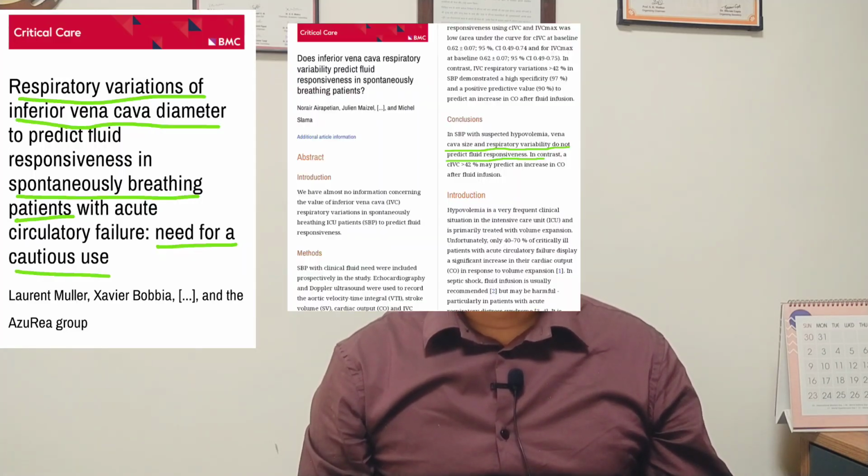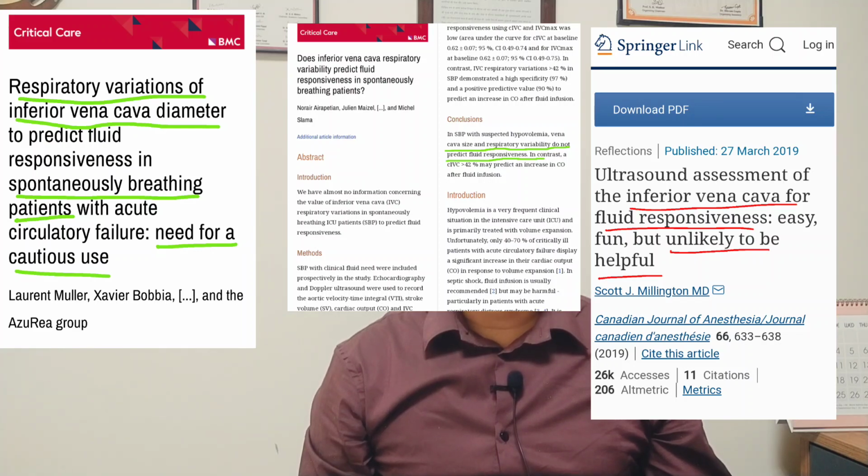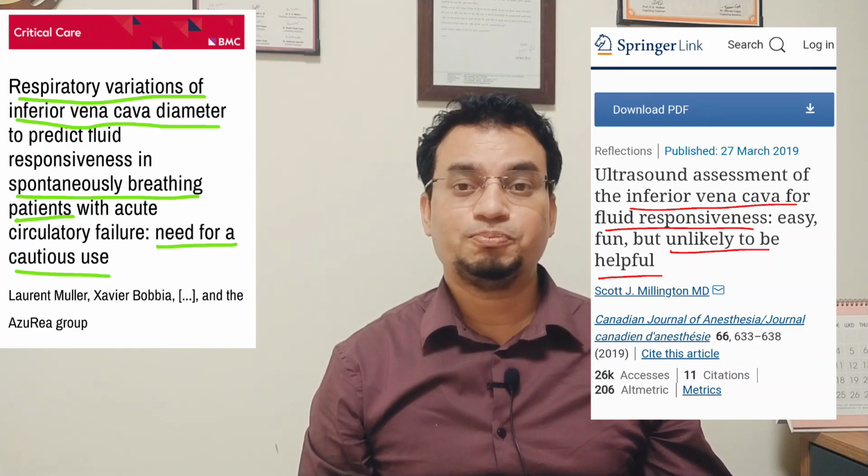Now, remember that the association between fluid responsiveness and IVC diameter and collapsibility on ultrasound has been well studied in various studies and meta-analyses, in which it has been shown that IVC collapsibility is not associated with volume responsiveness in a spontaneously breathing patient. It has been validated for a patient who is on a mechanical ventilator, paralyzed and sedated.